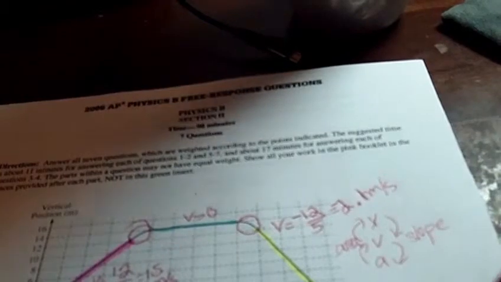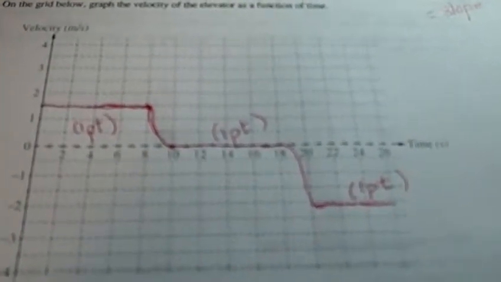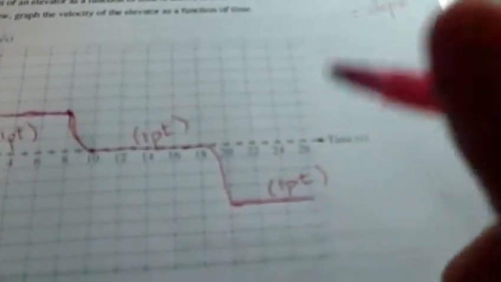Obviously our velocity hasn't jumped way up to 4 meters per second or way down to negative 3 meters per second. So I'm just going to go ahead and draw a line between these two slopes. Your final graph should look something like this, and if you connected your three individual segments, give yourself 1 more point.